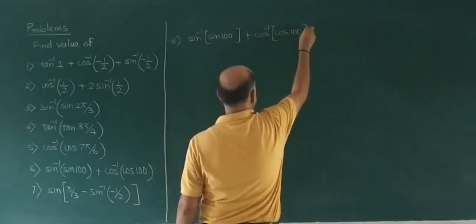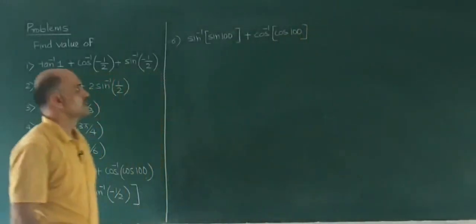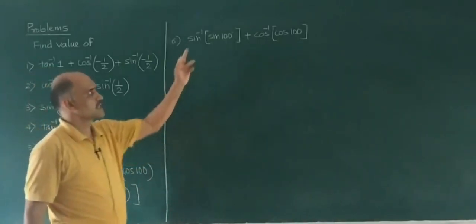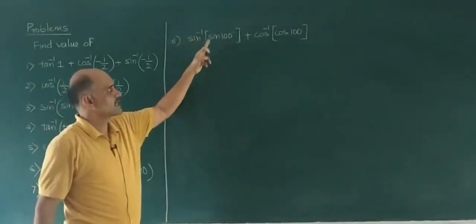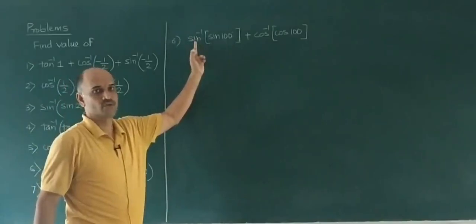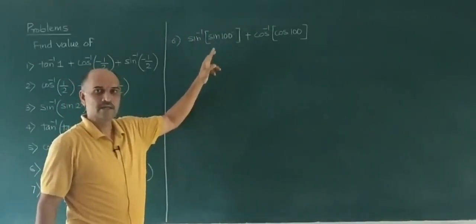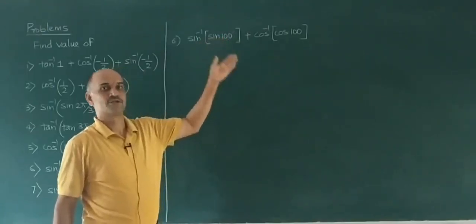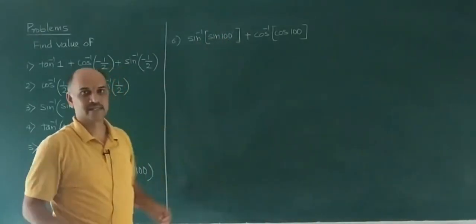In the last few problems I had told you, can I cancel these two? No. Why? Because the angle is greater than 90. So you should convert that angle to less than 90.